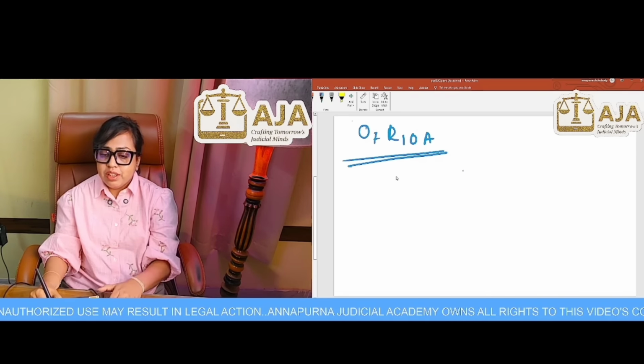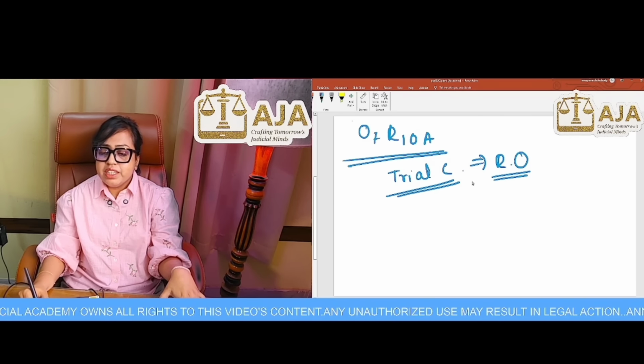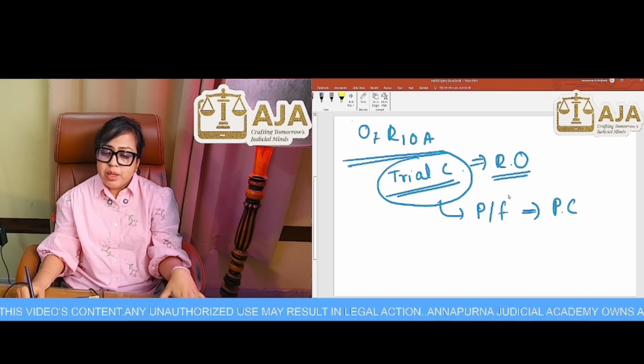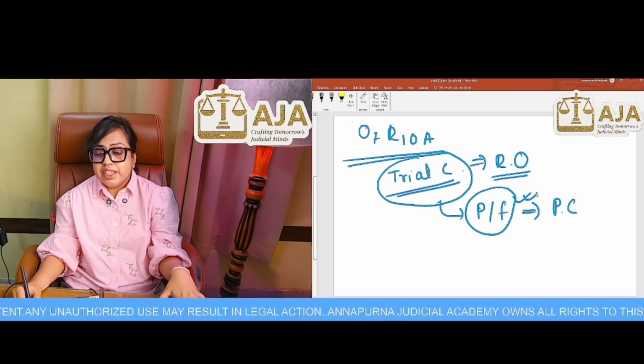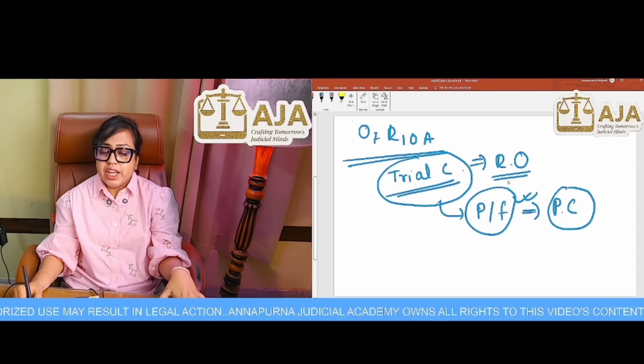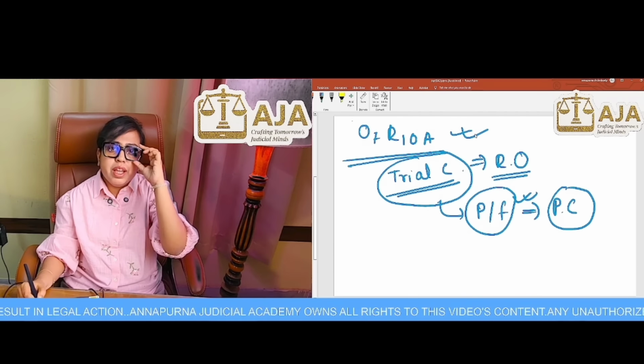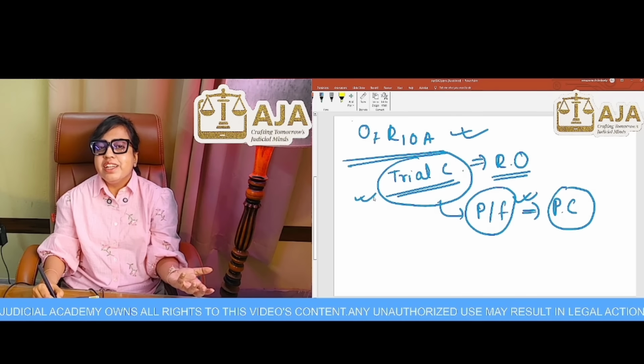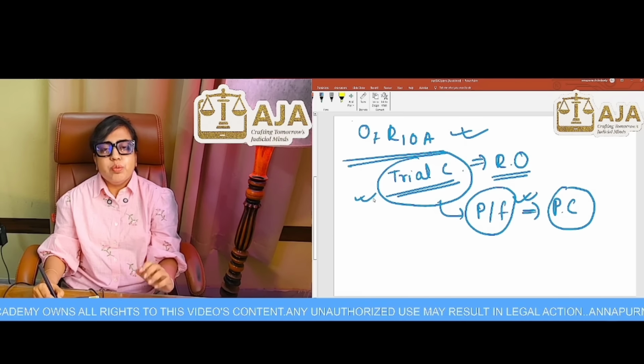The plaintiff will suggest that this will be my proper court, and under Order 7, Rule 10A, he may apply to the trial court to fix a date of appearance for both the parties, so that on that date both plaintiff and defendant can appear in that proper court.